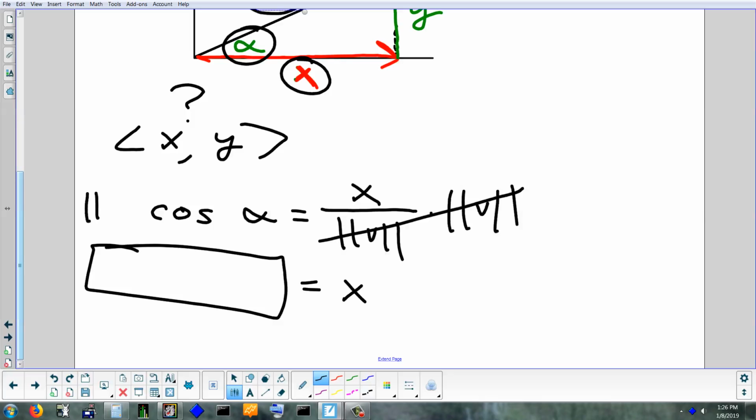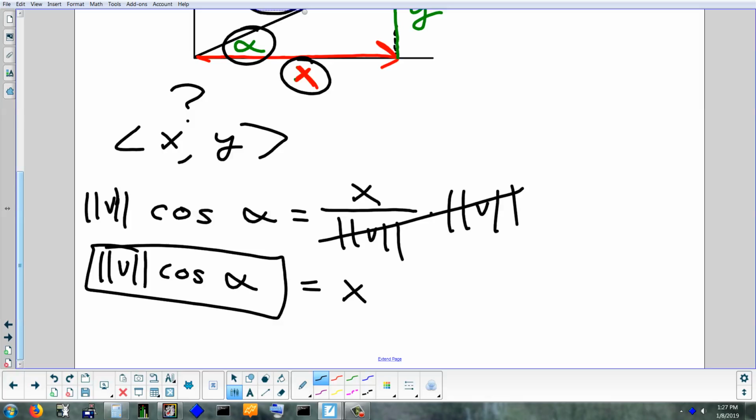That's gone. And there's how you write x. It's how hard you throw it times the cosine of the angle that you throw it at. Okay, so there's your x.